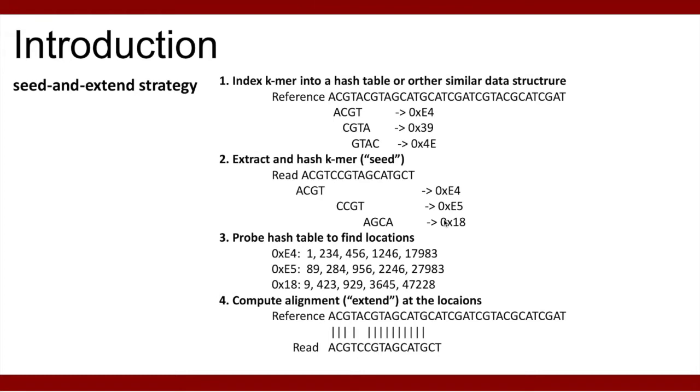In practice, a read is usually divided into more than E plus 1 seeds. Thus, we can just choose the E plus 1 seeds with the fewest candidate locations. Using this method, we can discard many candidate locations.